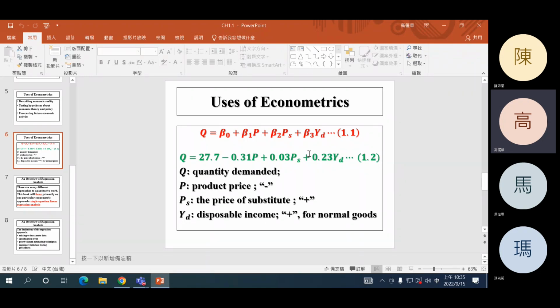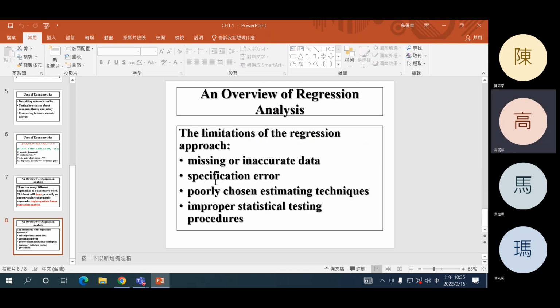Maybe your advisor can help you focus on the more important literature. Then after you review it, you can set up a correct relationship between this one and this one. If there is a simplification error, then the regression result will be misleading.